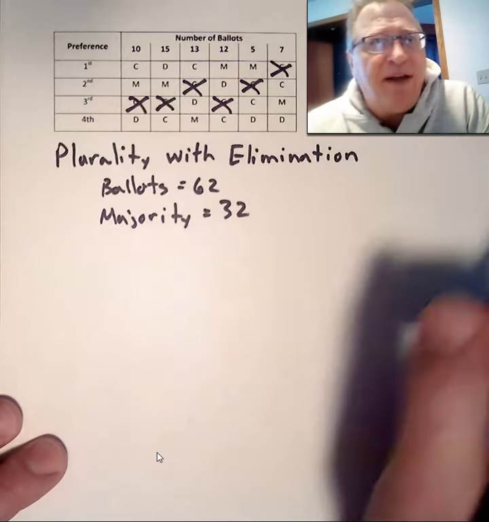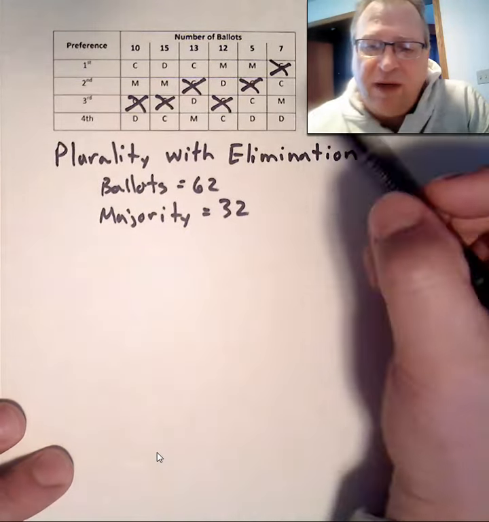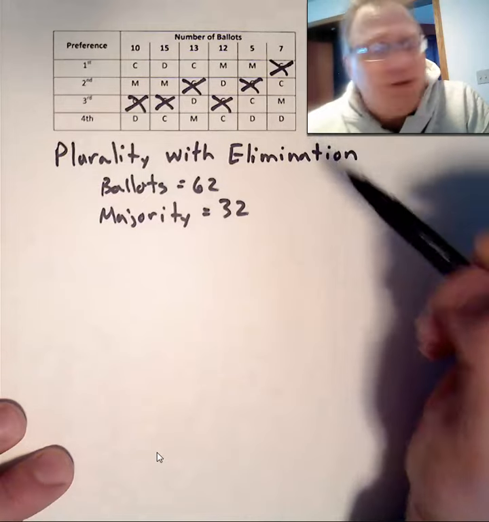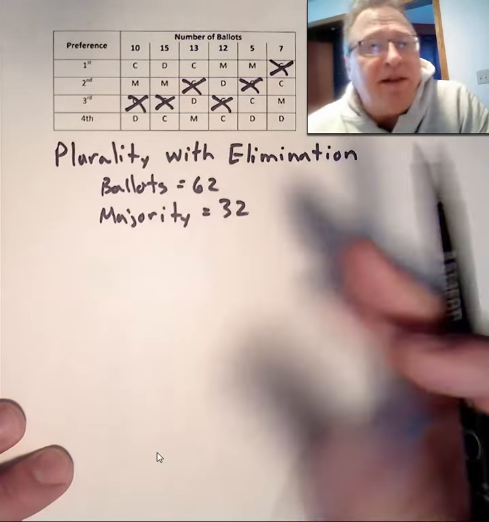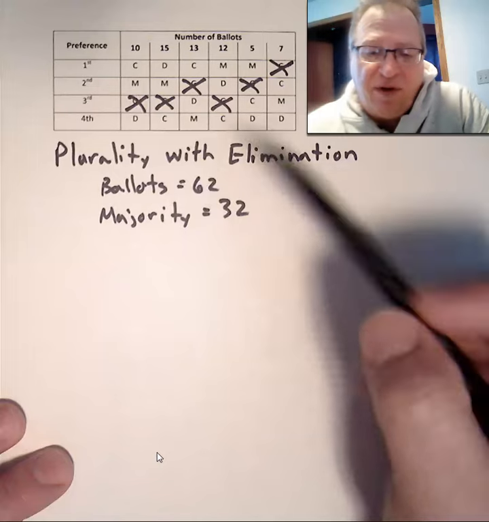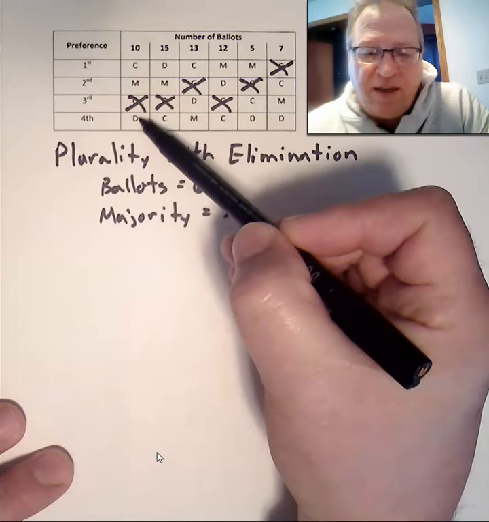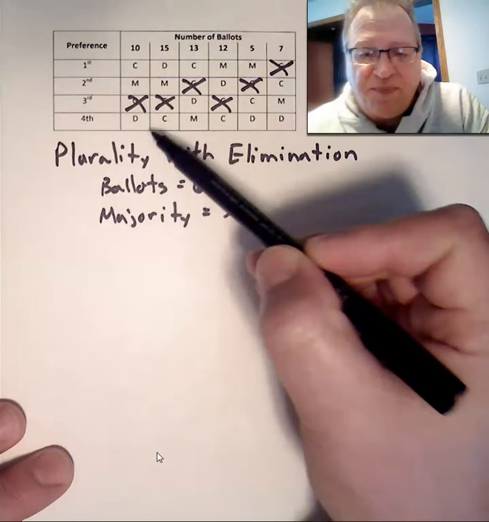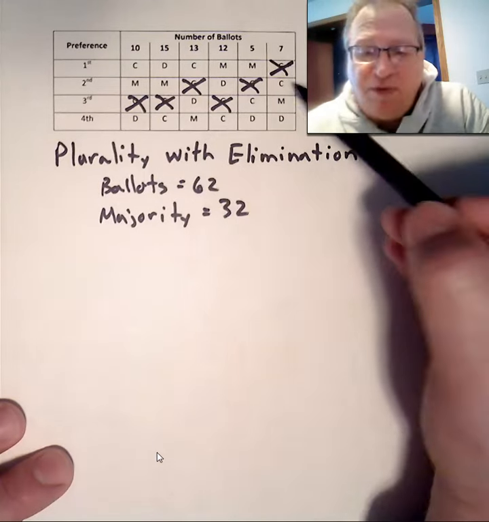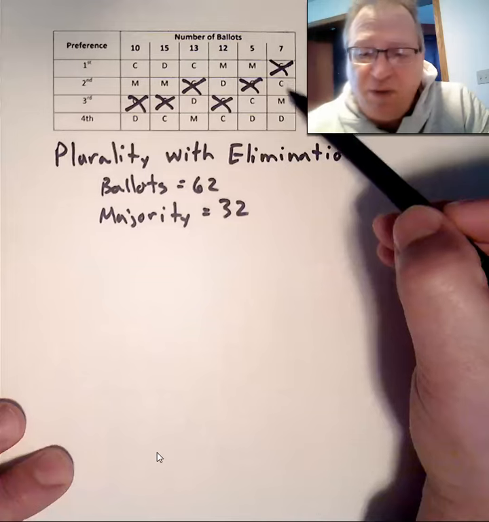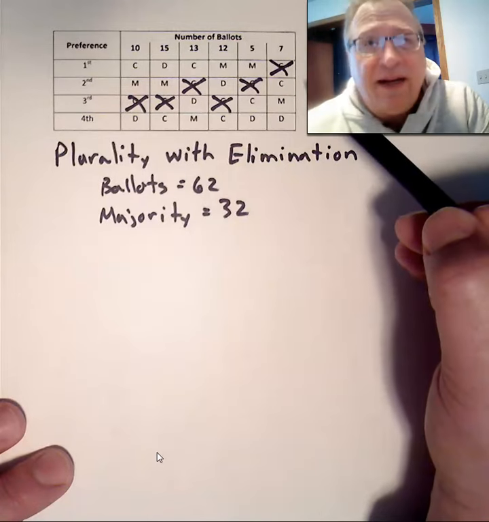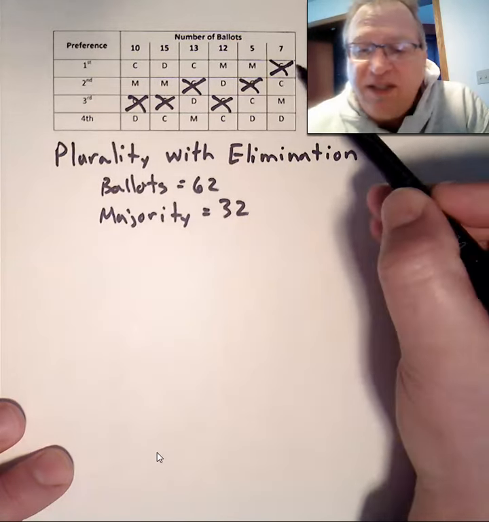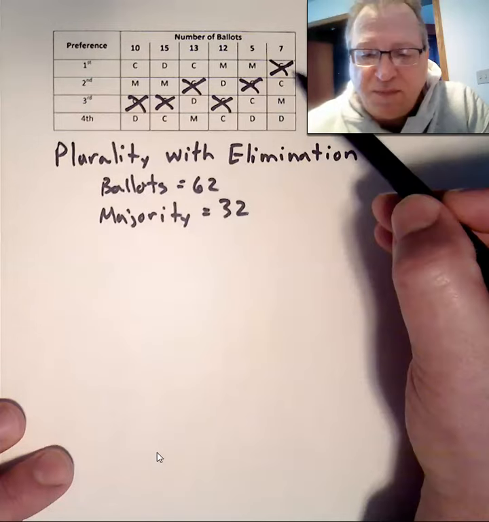But I found that to be quite a bit of busy work, so I'm just going to, in my mind, think about all of these candidates sliding up. For example, in this first column, D now moves up to the third place position. That's not so important, but over here on the far right, there is a very important one. C, M, and D all slide up one slot, which means C goes into the first place position.